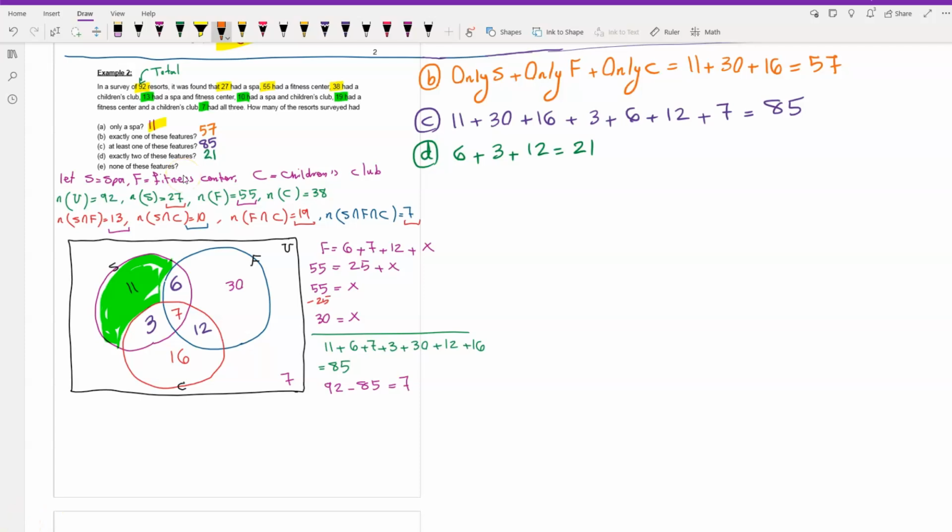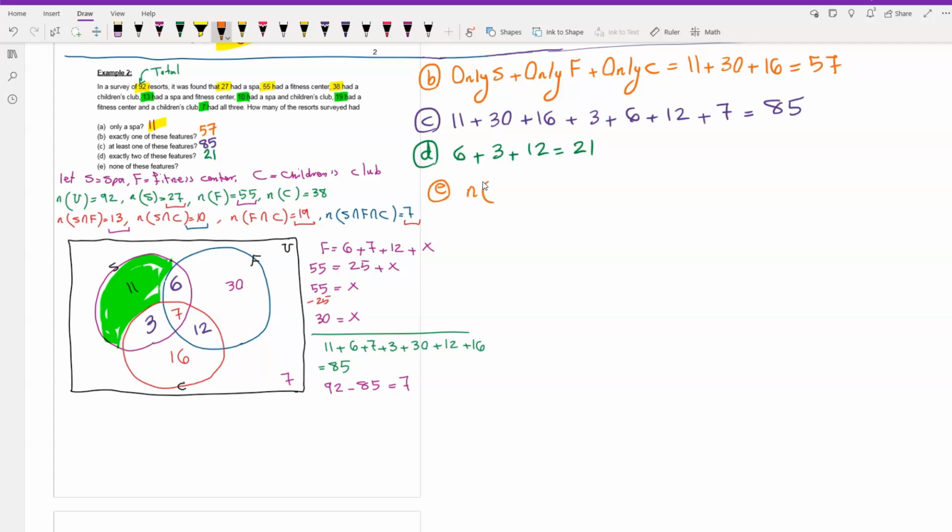None of these features, part E. So what we have outside these circles, that is the answer for part E. So we can add all these numbers and find the complement of these 3 circles.